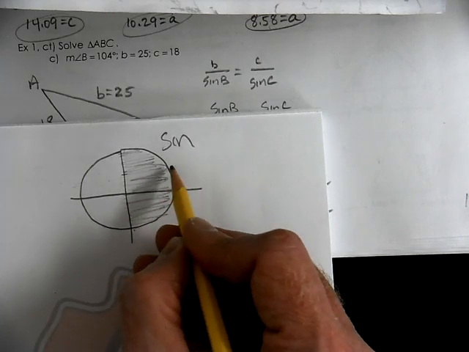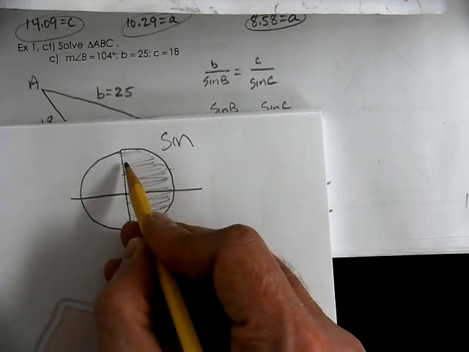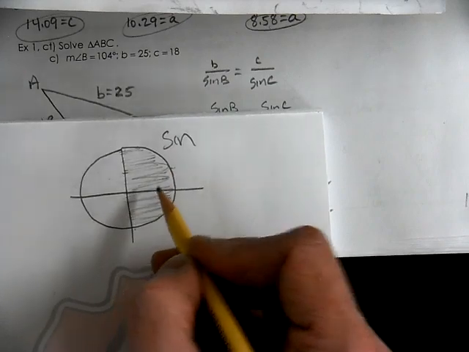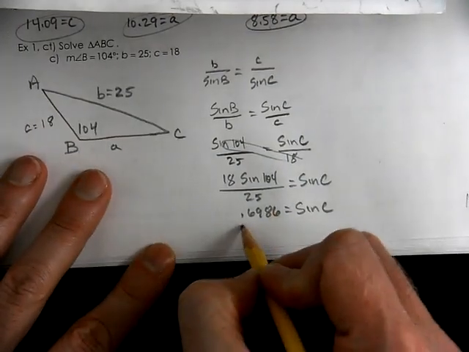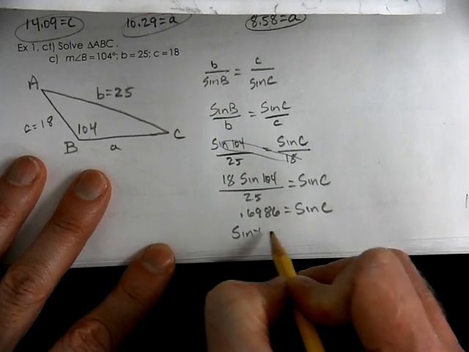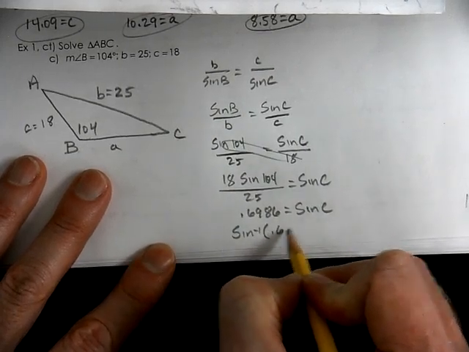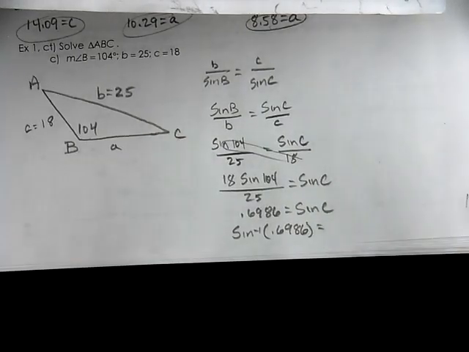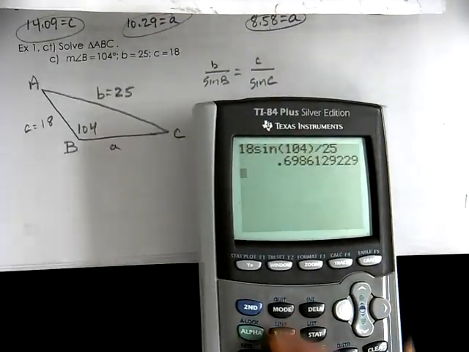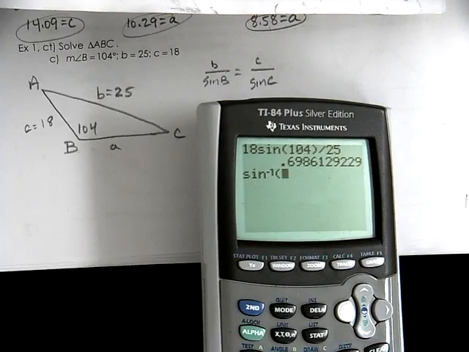How do we determine what the angle is if your y value is 0.6986? What do we do to solve for an angle? Sine inverse of 0.6986.